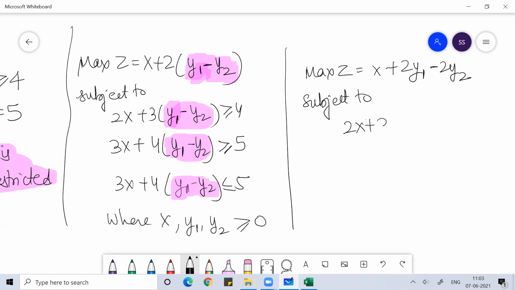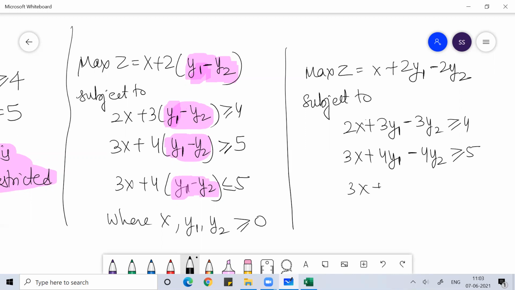So 2x plus 3y1 minus 3y2 is greater than or equal to 4. Then 3x plus 4y1 minus 4y2 is greater than or equal to 5.